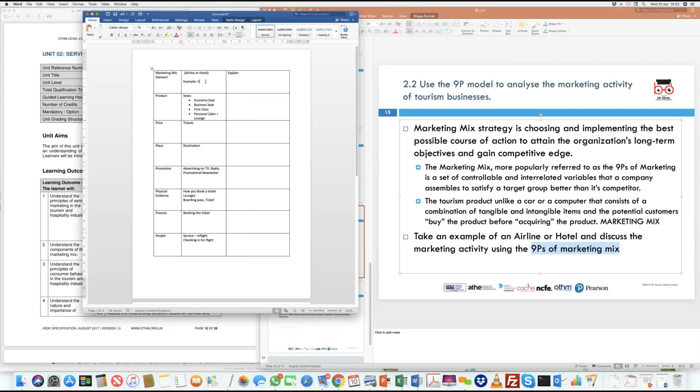For example, Virgin Airline or British Airways, whichever one you want to pick. Or if you want to pick a hotel, you could look at Hilton Hotel, JW Marriott, whatever it is. And you talk about their product, price, place, service, promotion, and that is what will cover task 2.2.